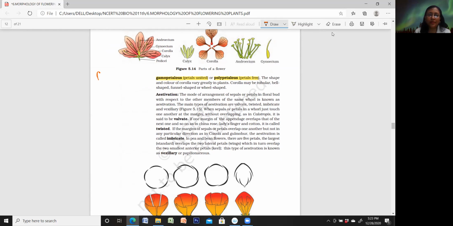The only thing is, instead of K, you write C. Now, if it is C5, no bracket, so it is poly. So you will say 5 petals polypetalous. But if you write it like this, then it is 5 petals gamopetalous.